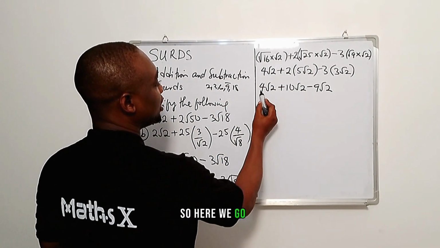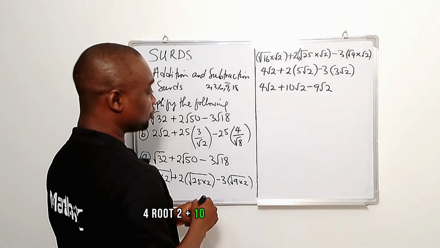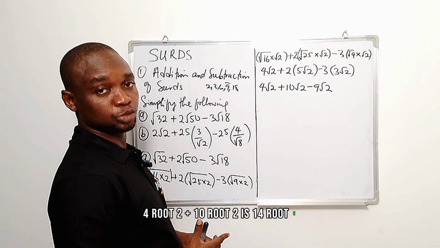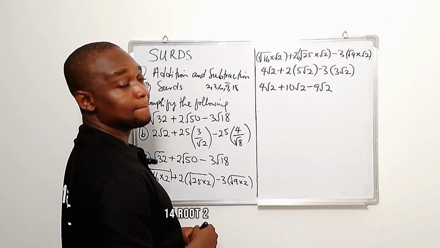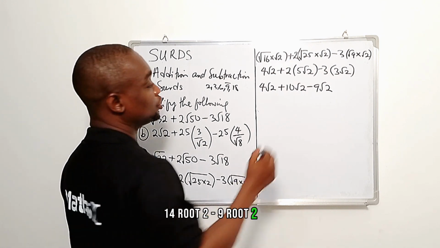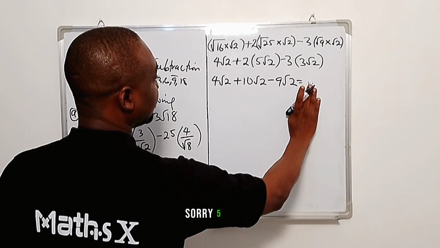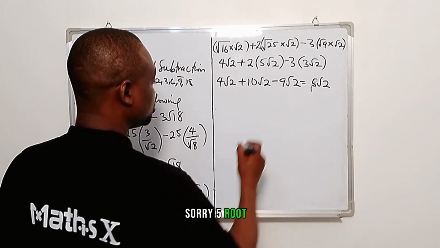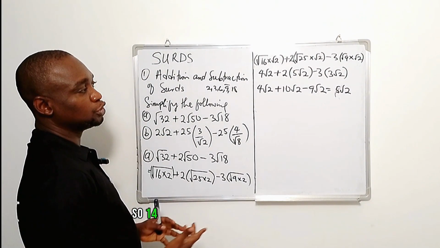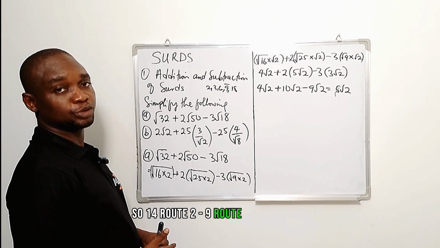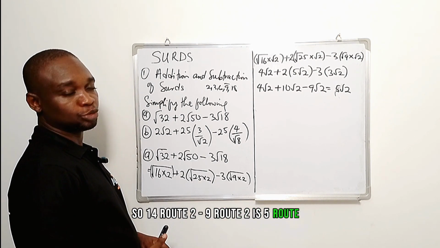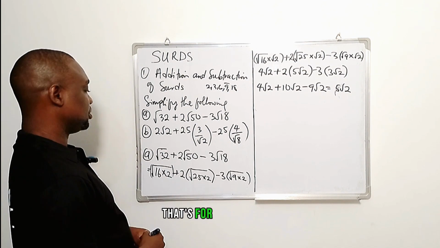So 4 root 2 plus 10 root 2 is 14 root 2. 14 root 2 minus 9 root 2 is 5 root 2. That's for the first one.